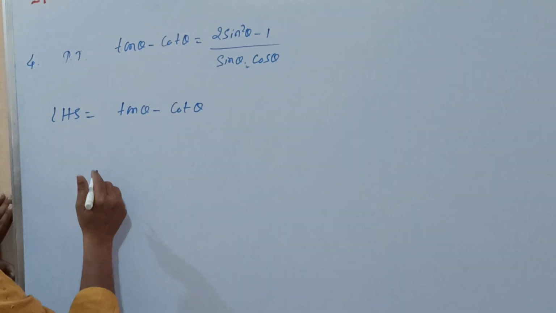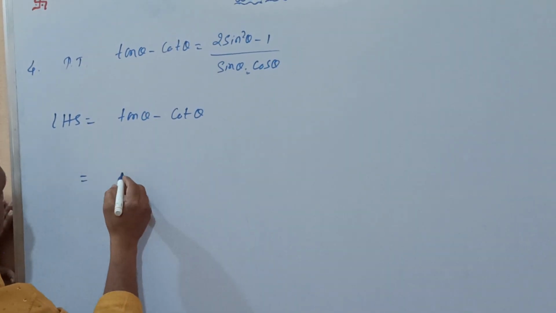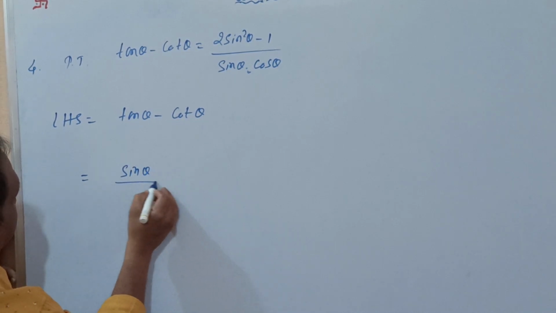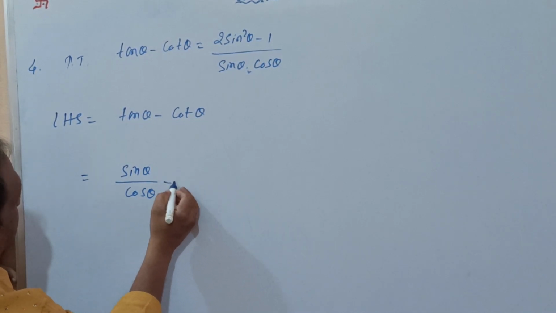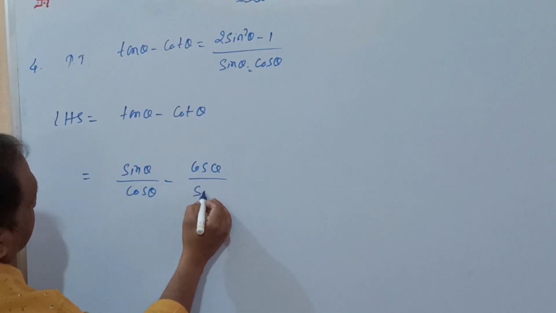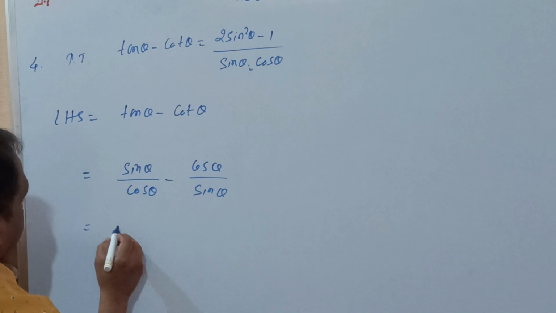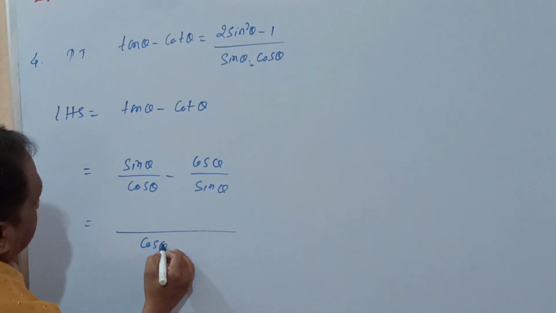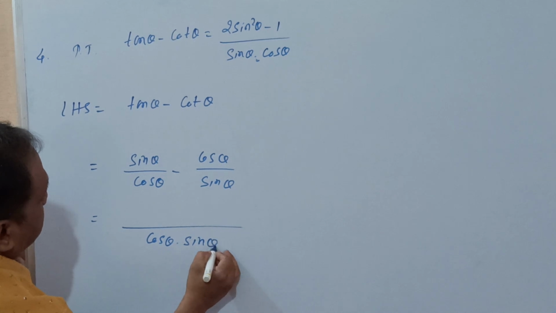I will write these two things in the reciprocal form. Tan theta can be written in the form of sin theta by cos theta minus cot theta written as cos theta by sin theta. Here I am going to take an LCM cos theta into sin theta.